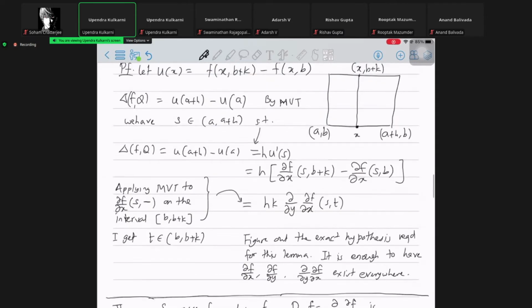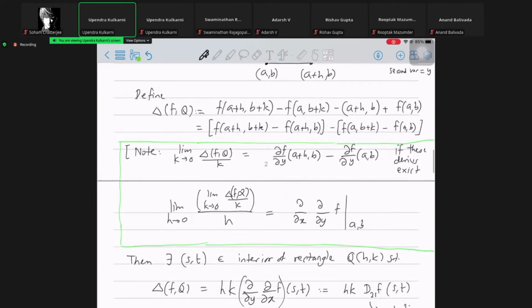Let's go back and take a look over here. D12 means I first calculate the derivative with respect to y, that's the 2, and then the derivative with respect to x. So the calculation given in this green rectangle is exactly the thing that is going to be useful for us.